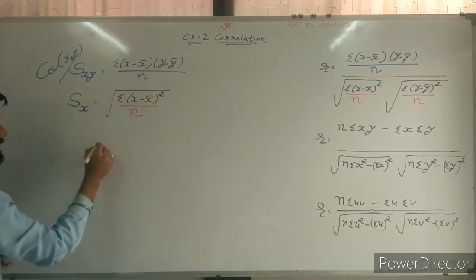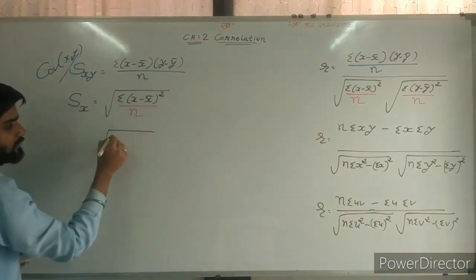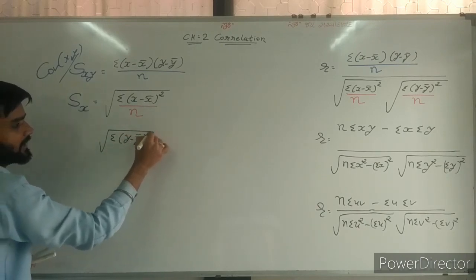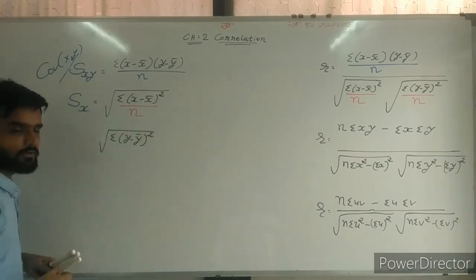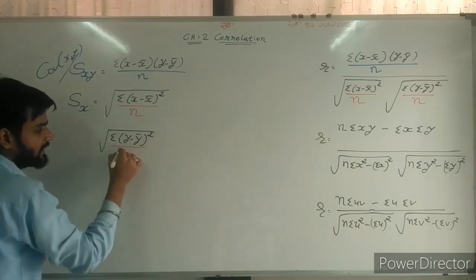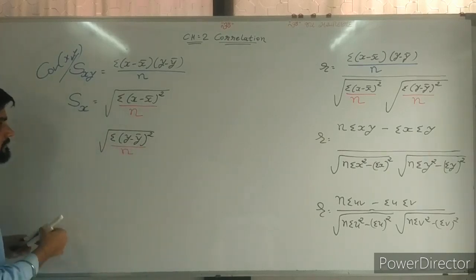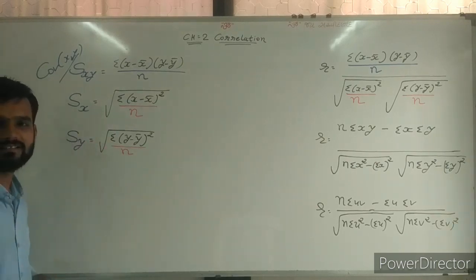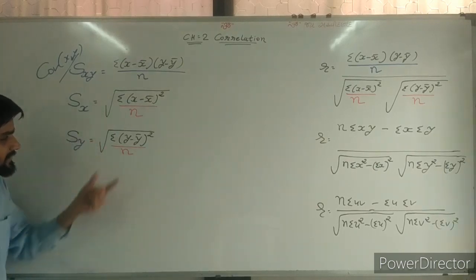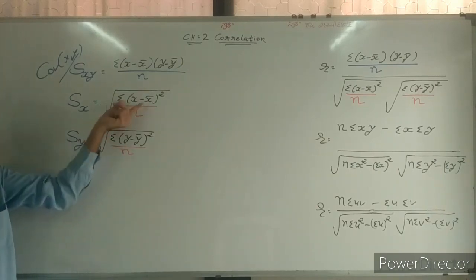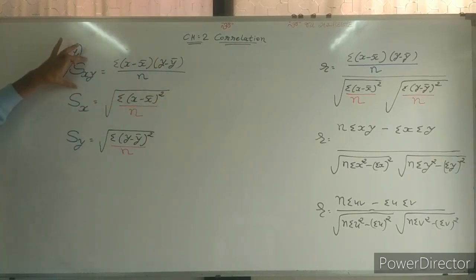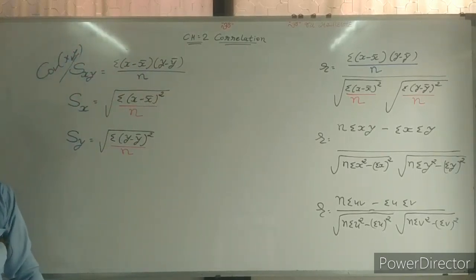Now in the second one, root of sigma (y minus y bar) square divided by n is Sy. Y is there, so Sy. X is there, Sx. X and y both are there, Sxy, also known as the covariance of xy.